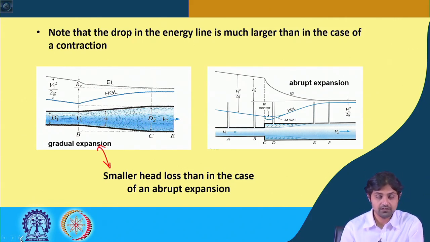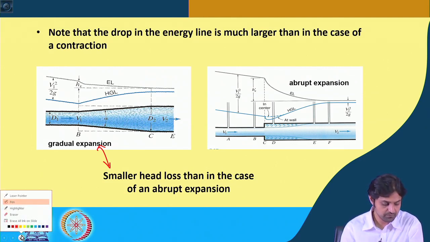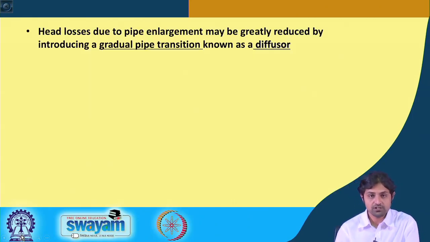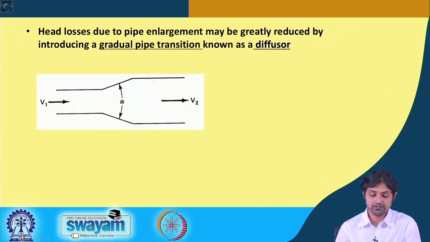Like we had the gradual contraction, we have something called gradual expansion. Head losses due to pipe enlargement may be greatly reduced by introducing gradual pipe transitions known as diffusers. That was confusers and this was diffuser, something like this.